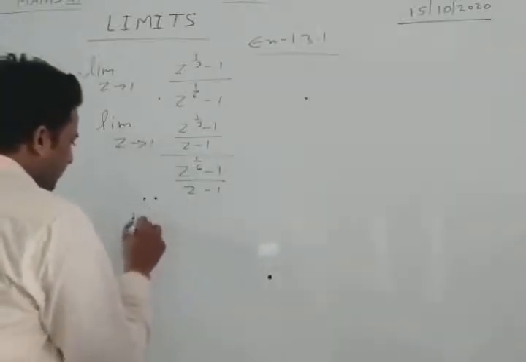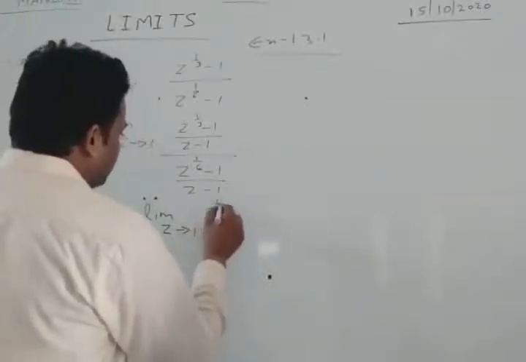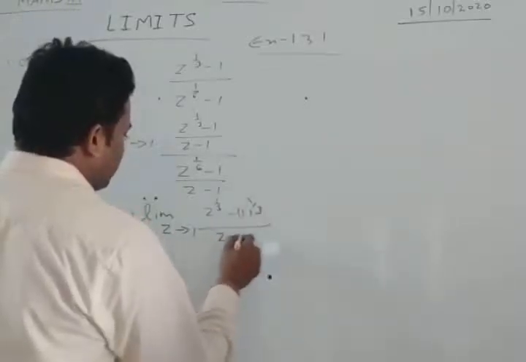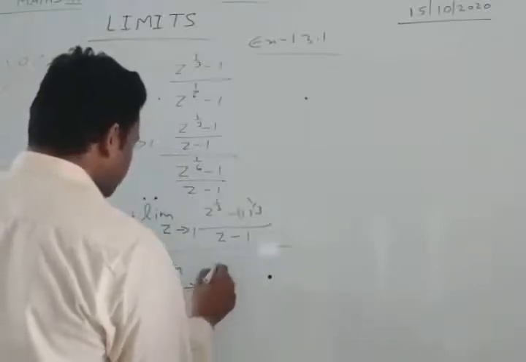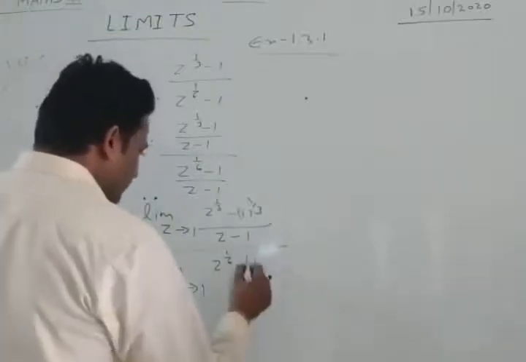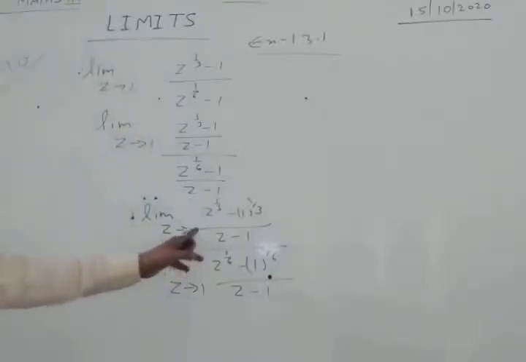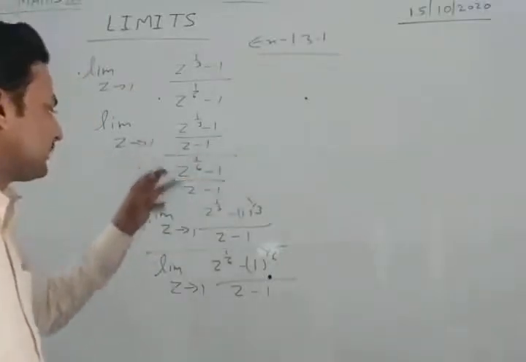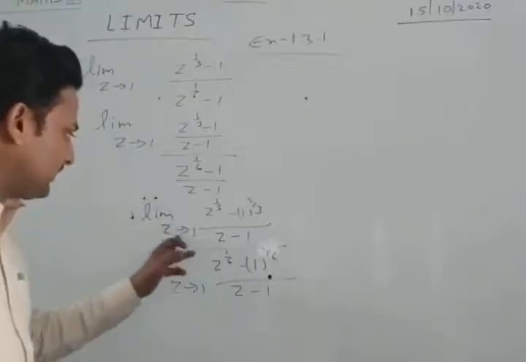Now we will write this as limit z tends to 1 of (z to the power 1/3 minus 1) upon (z minus 1), divided by limit z tends to 1 of (z to the power 1/6 minus 1) upon (z minus 1). We are using the algebra of limits, the quotient rule, in which if two functions are given, then we can apply the limit to both functions.